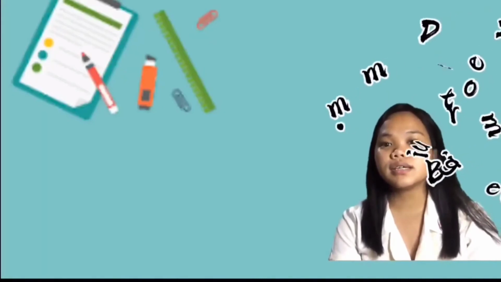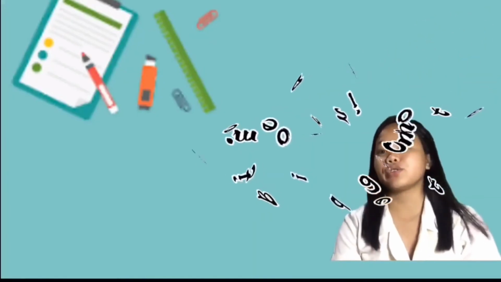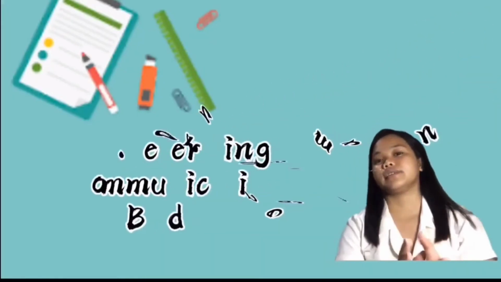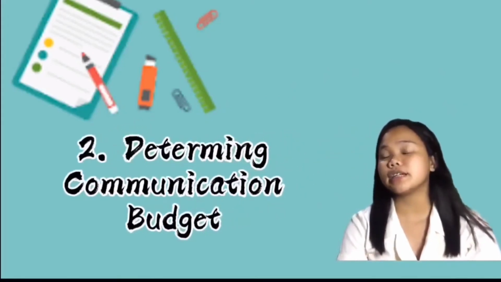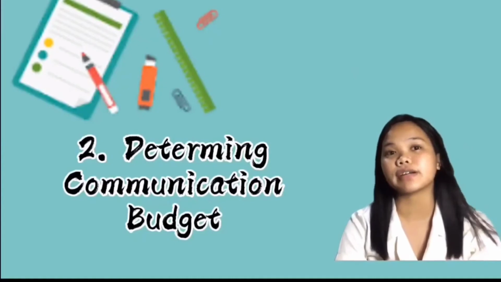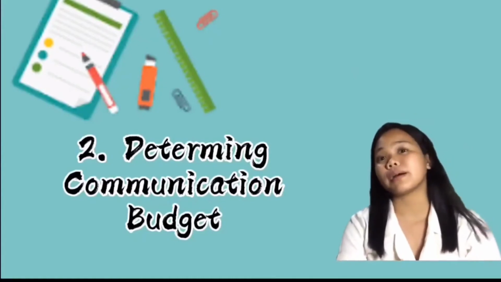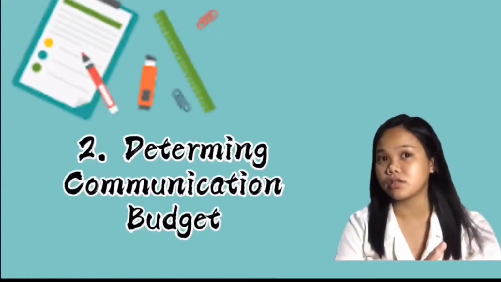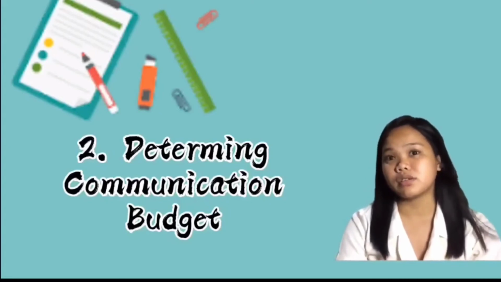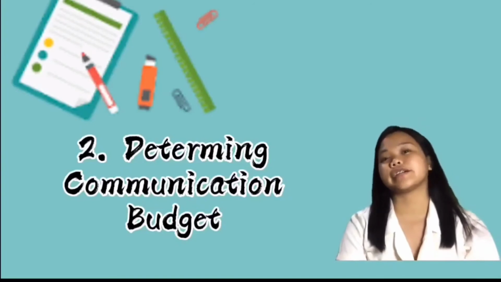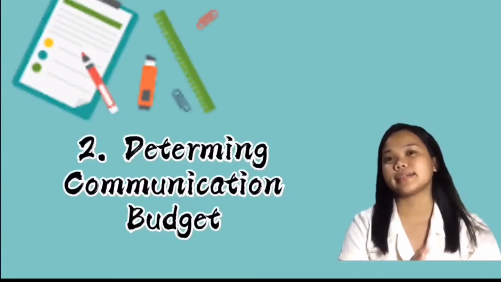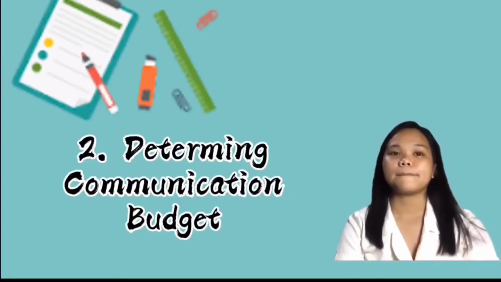The second step is determining the communication budget. All objectives and criteria for retail marketing would only be possible by setting up funds. Without funds, it would be difficult for them to set their target goals and create resources.